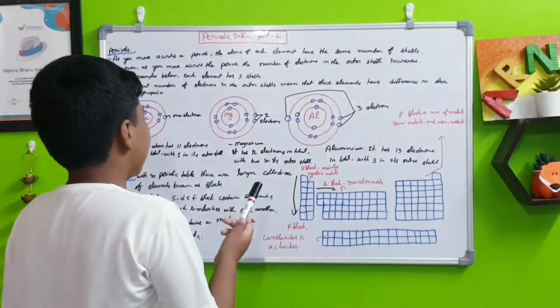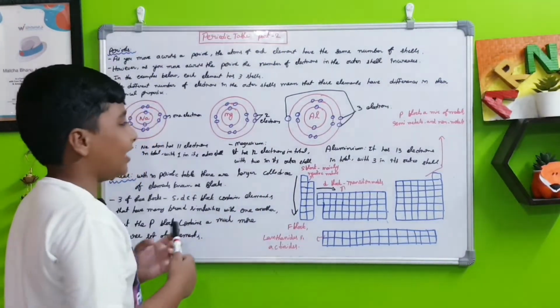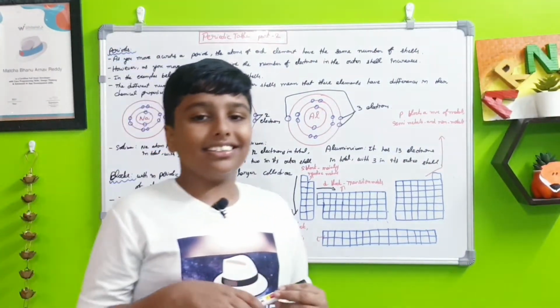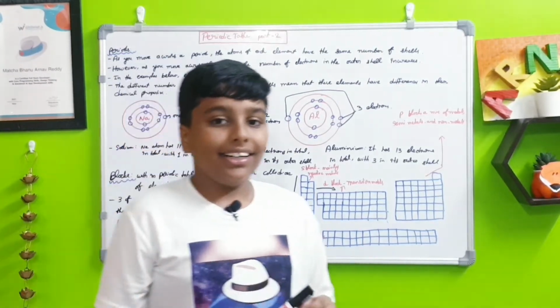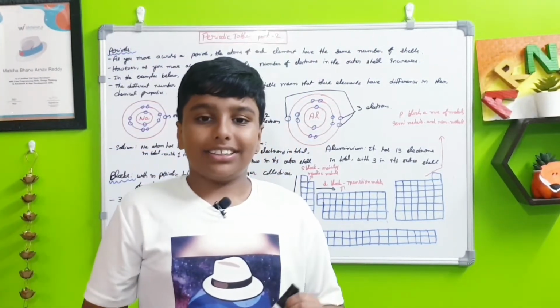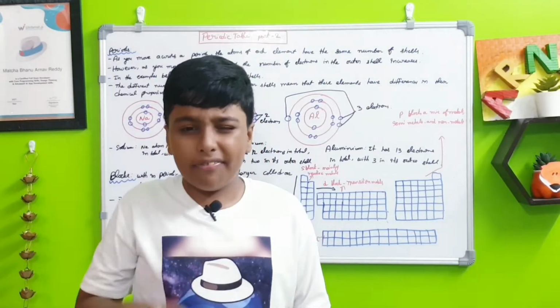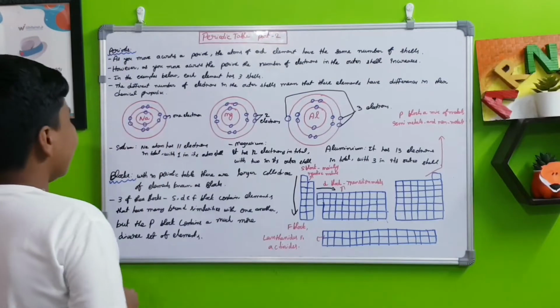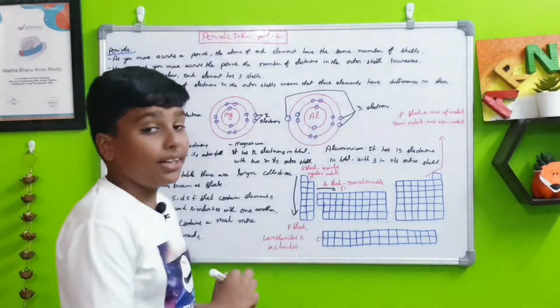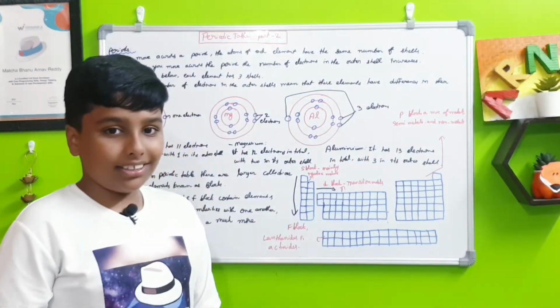You may have seen a similarity between these: the number of shells is the same, but the number of electrons in the outer shell is different. Next, another thing in the periodic table is blocks.